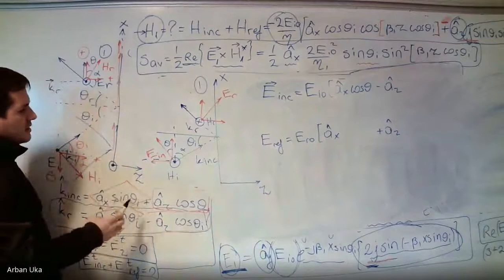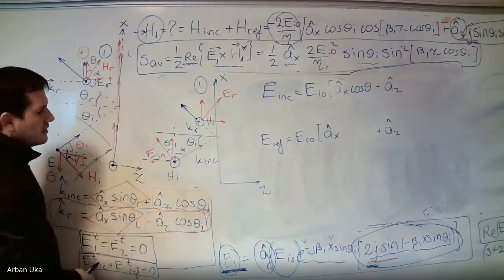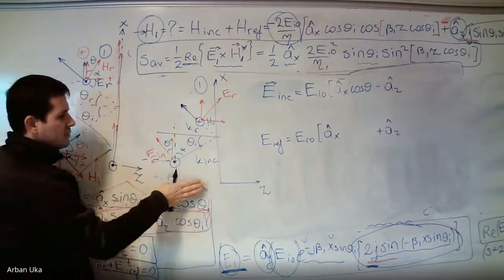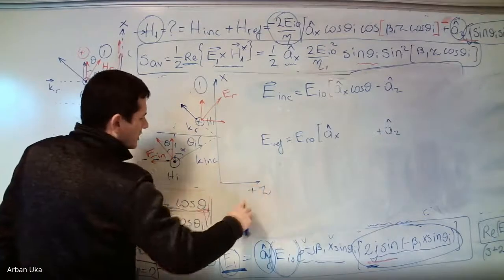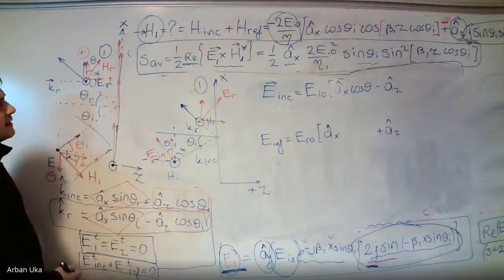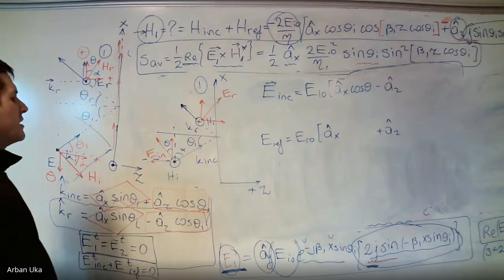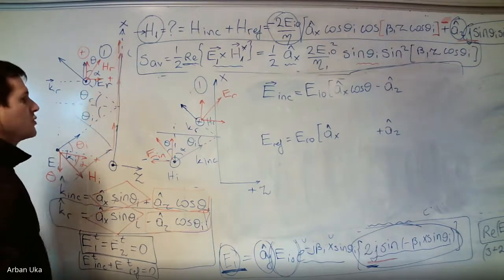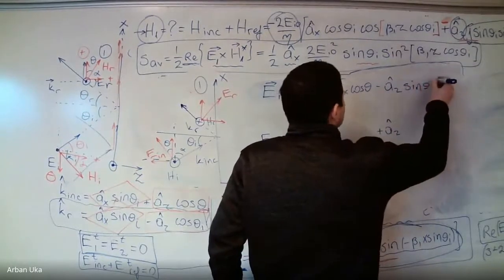We say minus AZ because this is strictly pointing along the negative Z values, assuming that the positive Z is pointing to your right. Then here we have minus AZ, but how much is this? Is it sine or cosine? Most probably it should be sine, so here minus AZ sine theta I.